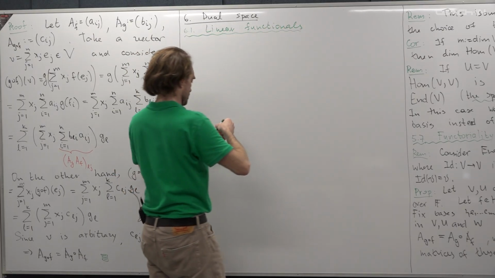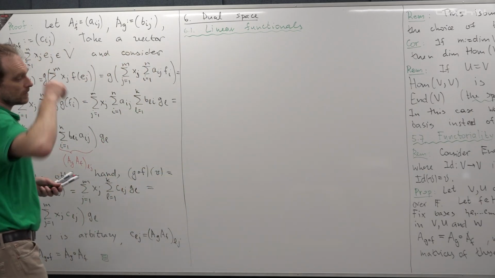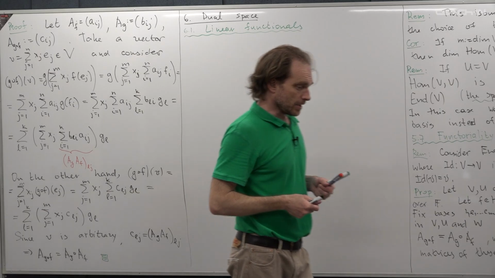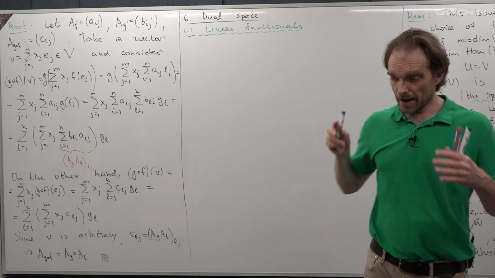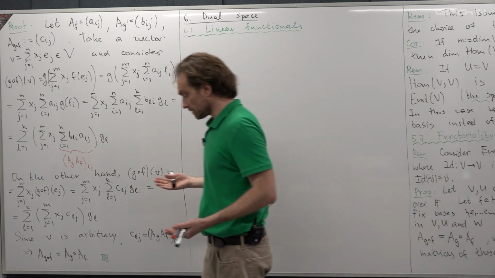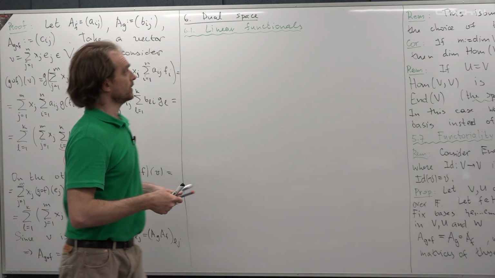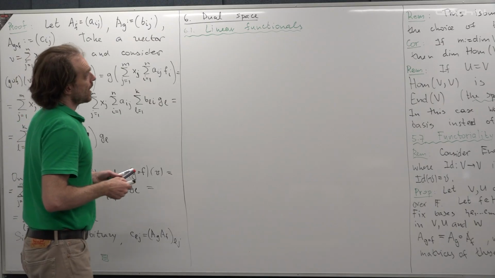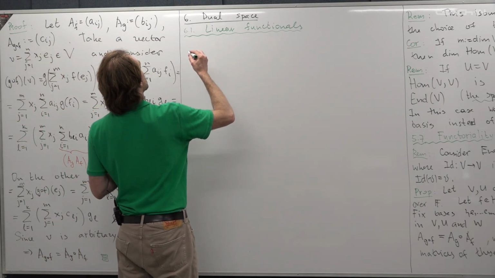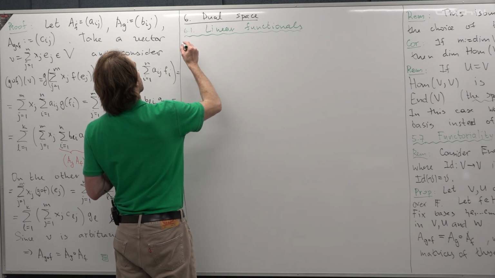We have already introduced this notion: a linear functional is a linear mapping from a vector space to the field, which is considered as a one-dimensional vector space over itself. So let us give the definition.